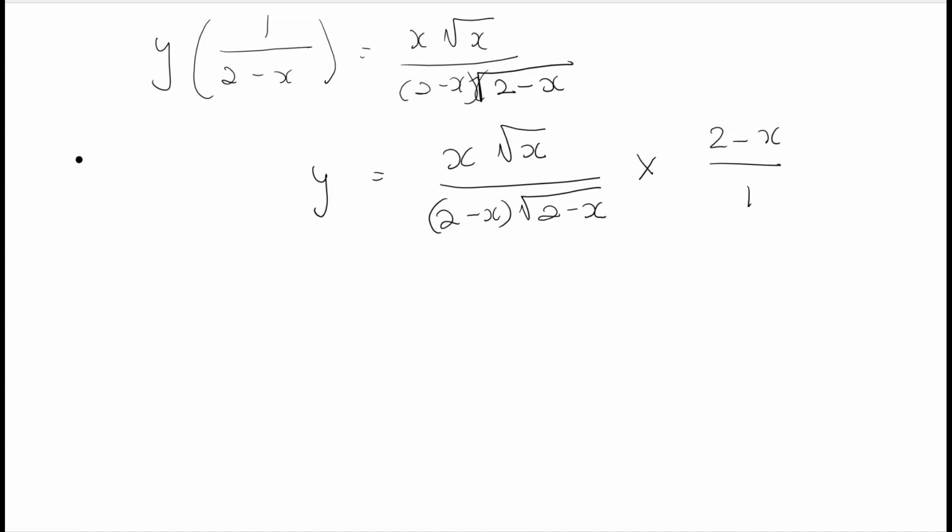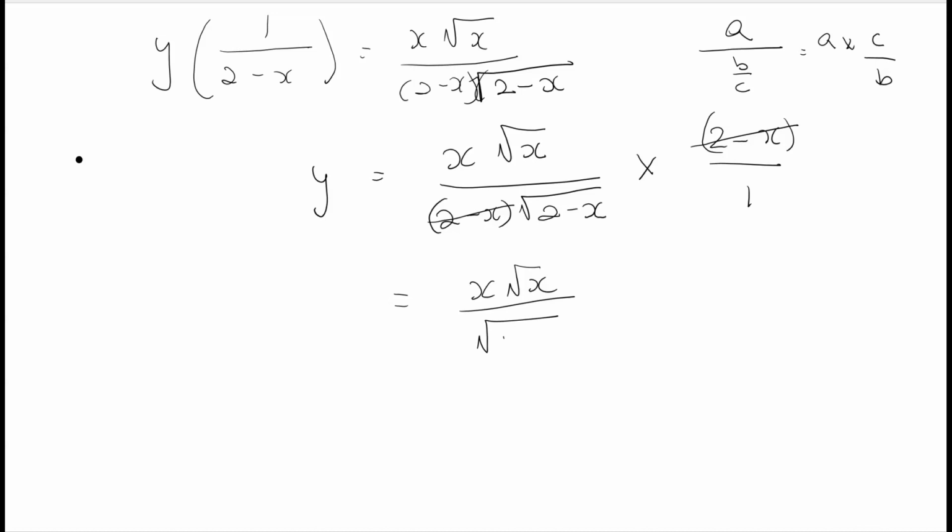That's to say a over b over c is equal to a times c over b. So that's fine. So now I'm going to, well actually I can cancel out. If I put that in a bracket, I can cancel that bracket with that bracket, and I'm left with x root x over root 2 minus x.